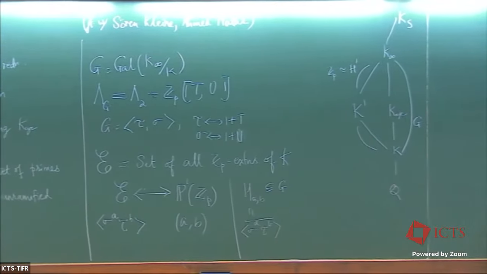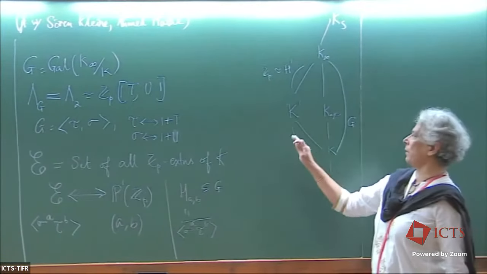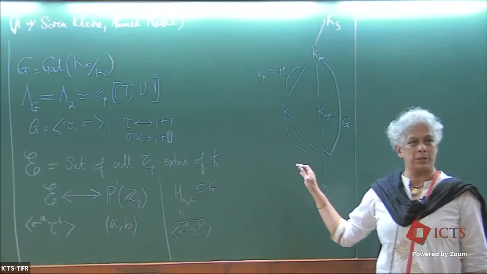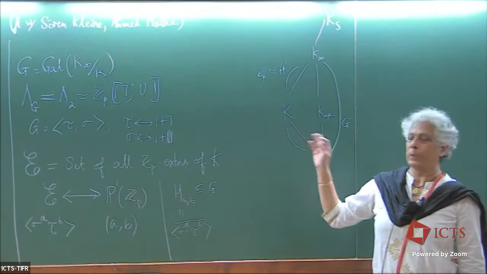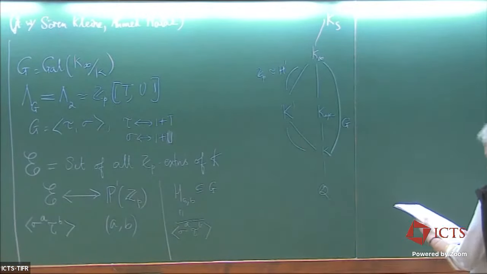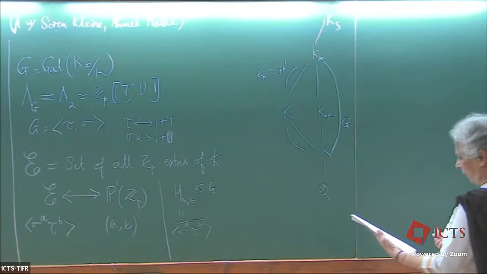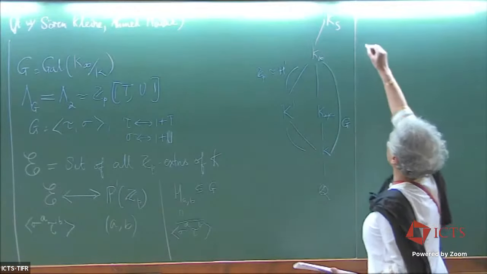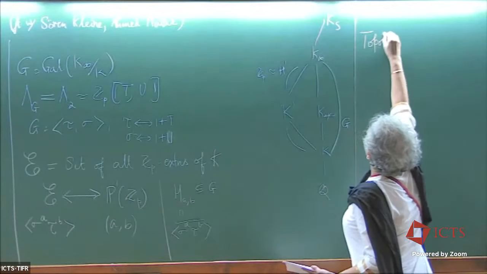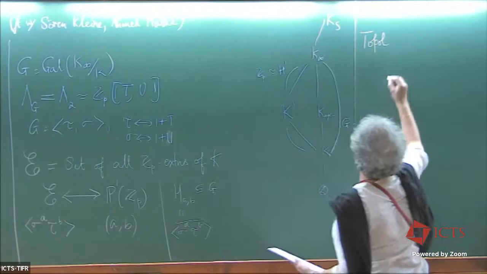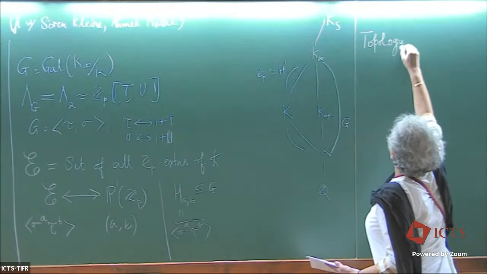And then the question was, what happens to these invariants when you study this class of Z_p extensions inside Z_p squared? And Greenberg had some conjectures in this regard. And later on, Greenberg, in fact, even introduced a topology on E so that this bijection actually becomes a homeomorphism.